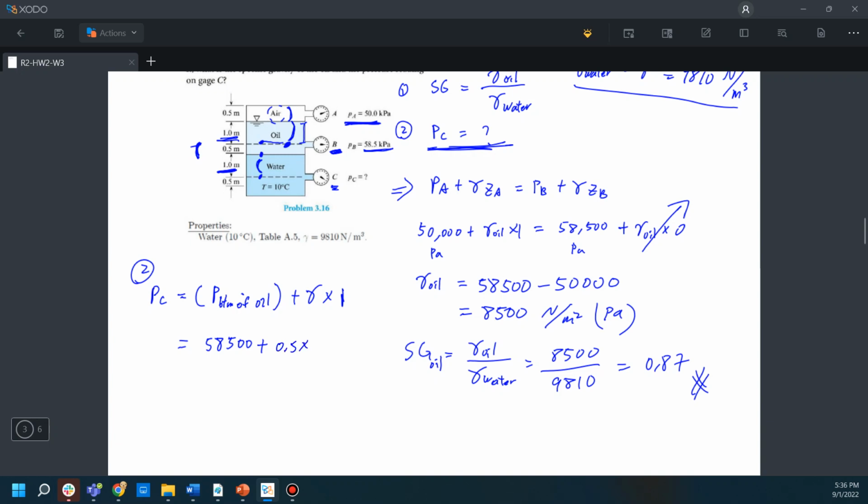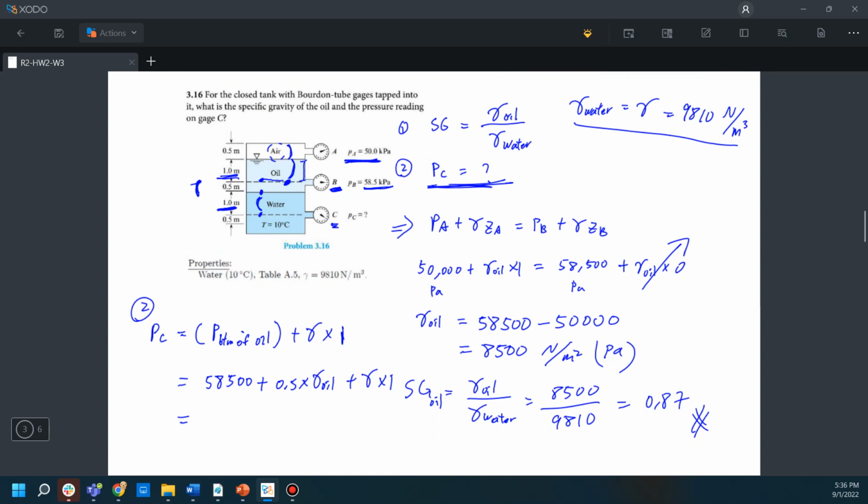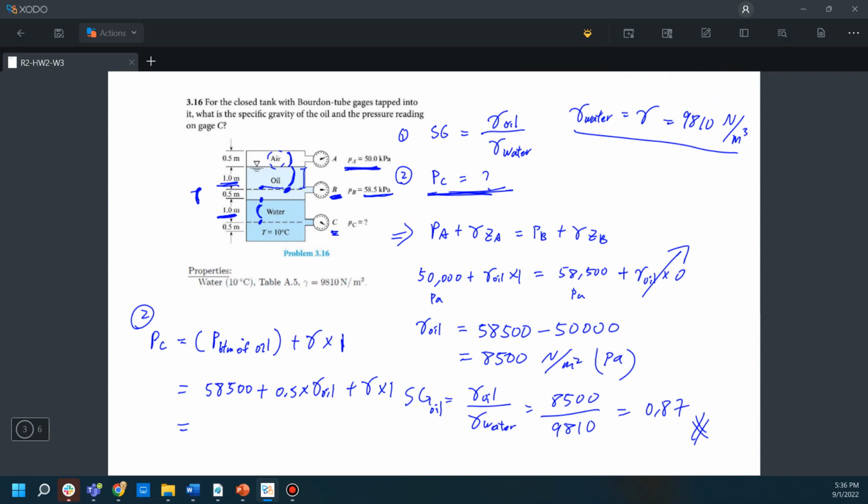The material here is oil, so you will times the specific, actually not the specific gravity, the specific weight of oil, plus the specific weight of water times 1. And we plug in the value. We already know that the gamma oil is 8,500, so just plug all those values in.